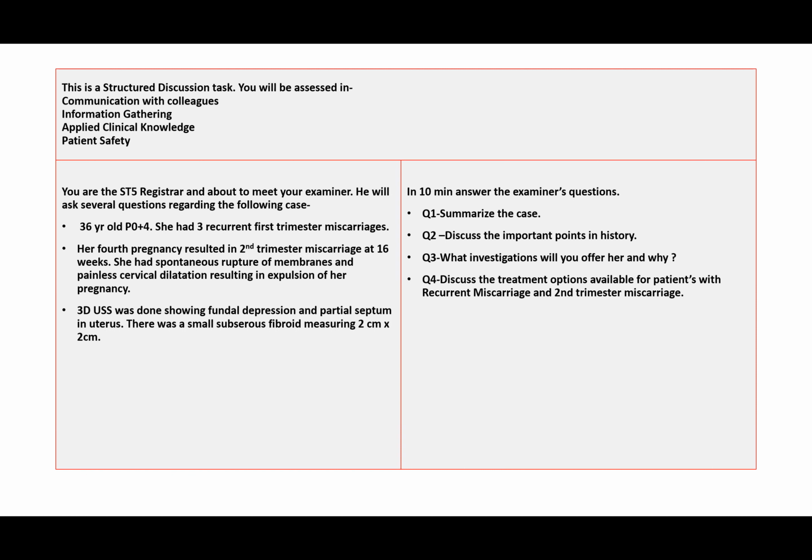If blood group negative, I will ask whether she received anti-D or not. And ask regarding any surgery, any operation done on the cervix or uterus, and family history of any bleeding disorder or any birth defect.